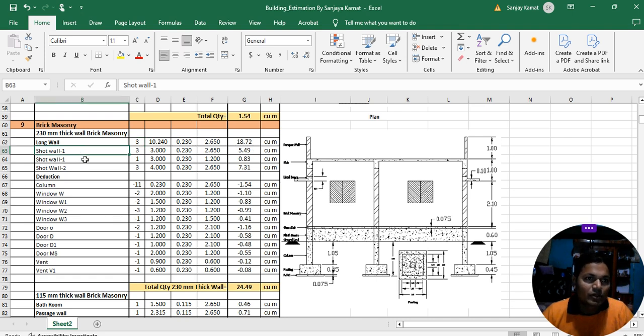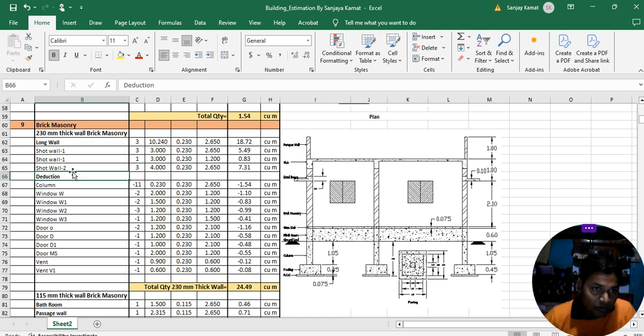Now short wall 1. The thickness of this wall will be only 230 mm, which if we convert from mm is 0.230 meter. On the long wall we are going to make the short wall.